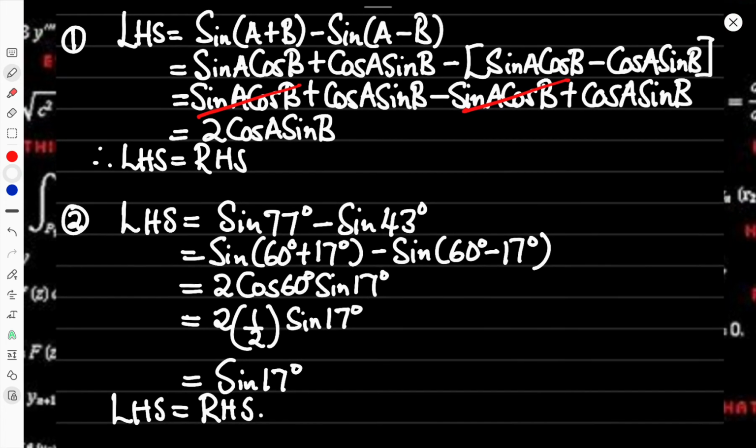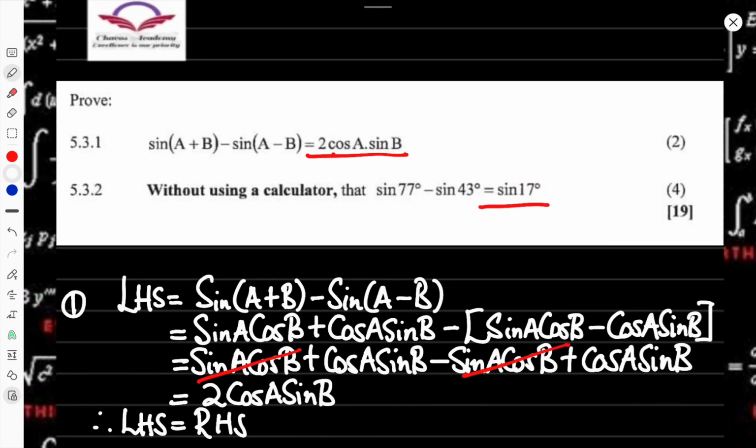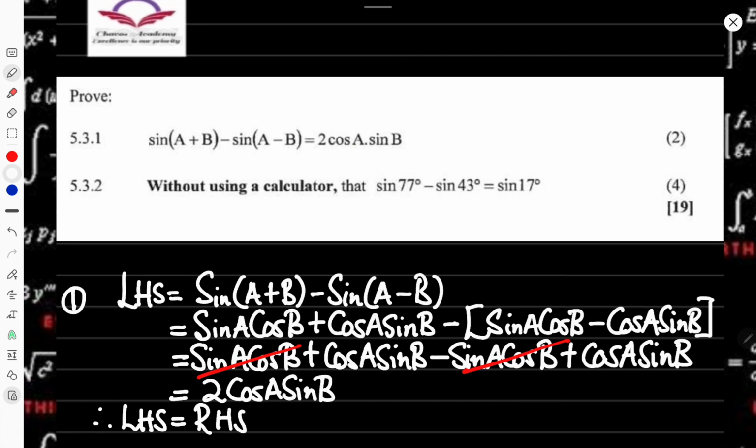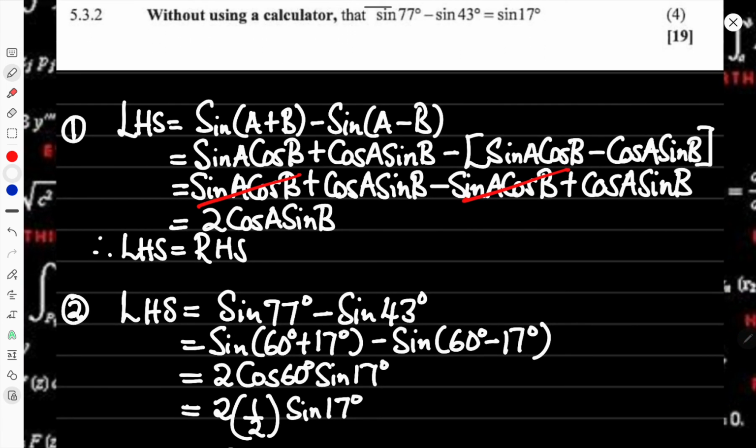So having got this, we just apply that here, that 2 cos A is the same as 2 cos 60, and sine B is the same as sine 17. So that is it. I believe you would have followed nicely. Wherever you are, you will understand exactly what you're supposed to do. So that was very, very easy.